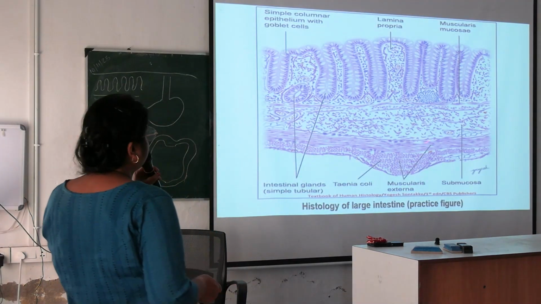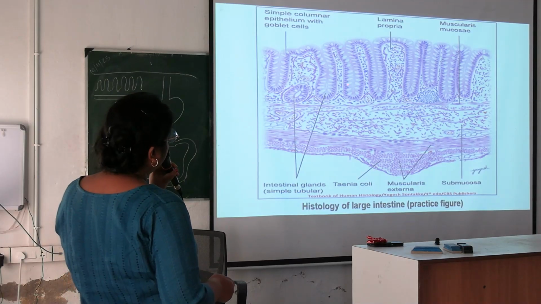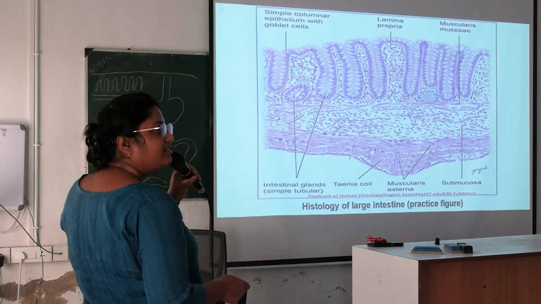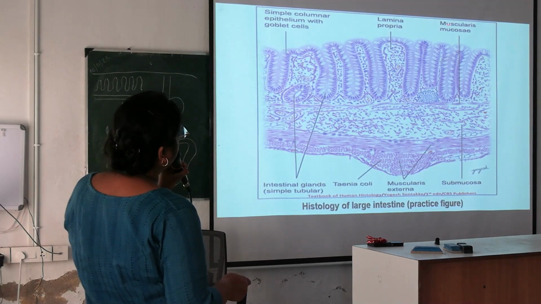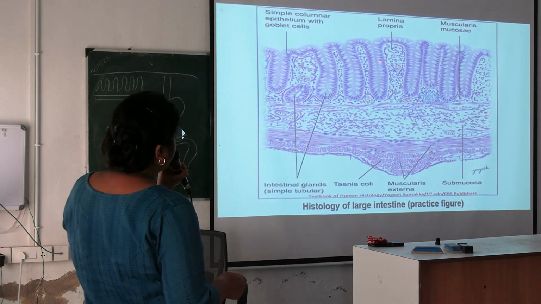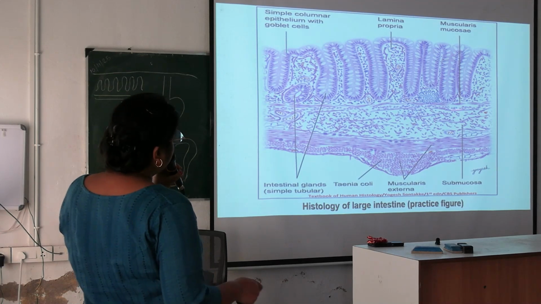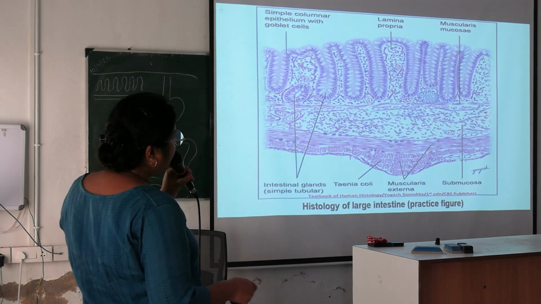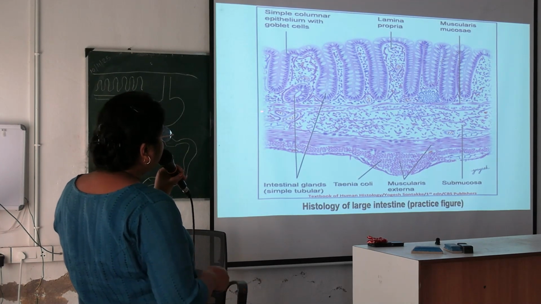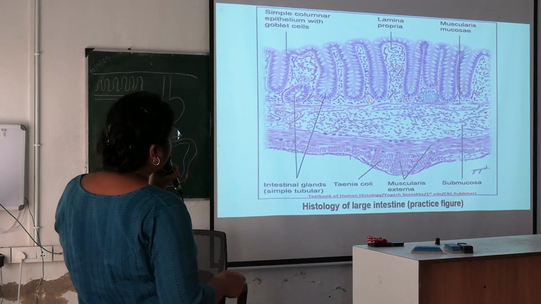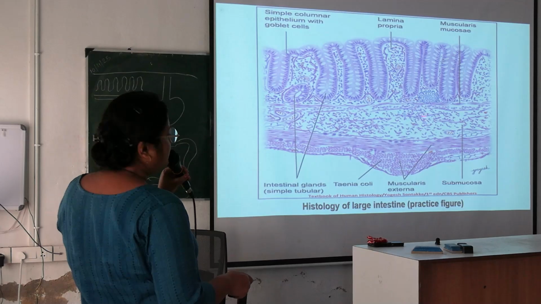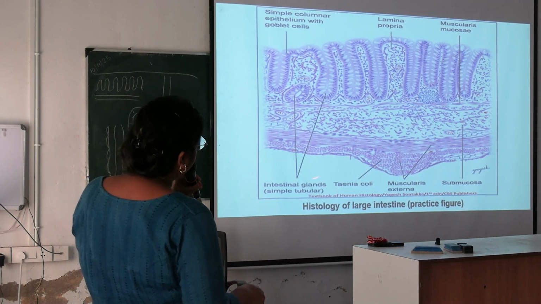See, like this it will look, all those white areas are goblet cells. Okay, so it is lined by simple columnar epithelium with goblet cells. This is the lamina propria, loose connective tissue with sections of blood vessels. Here is the muscularis mucosa, inner circular, outer longitudinal layer. Here this is longitudinal, this is circular, and some lymphatic nodules you will also see.